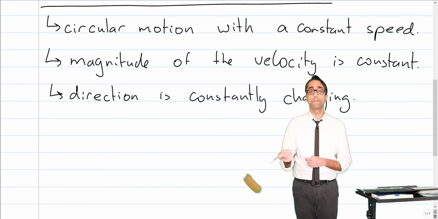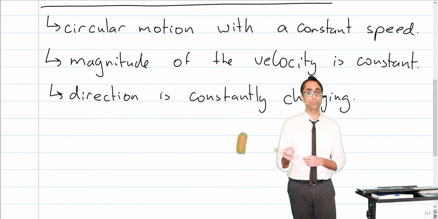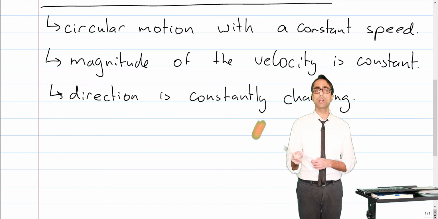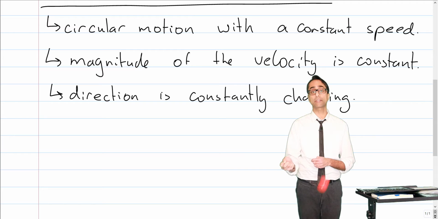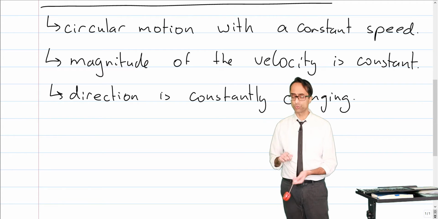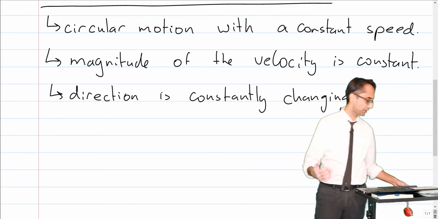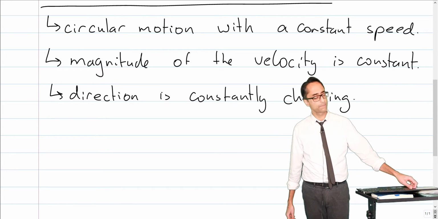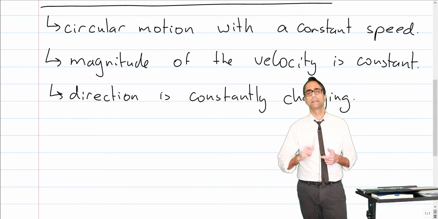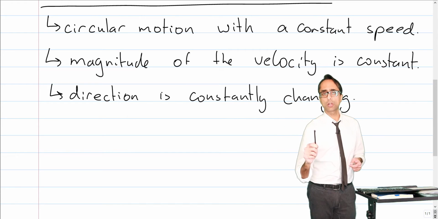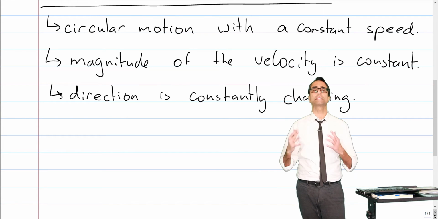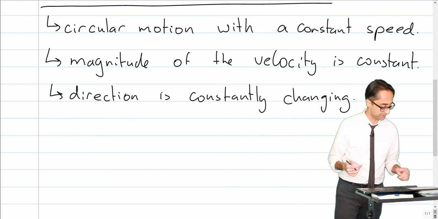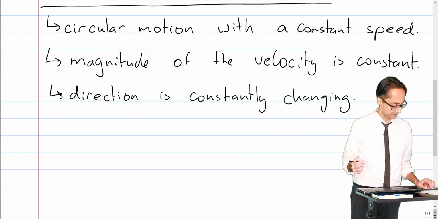And so the velocity in this motion, even though the speed is the same, the magnitude is constant, what is not constant is the direction. And so, if the direction is constantly changing, does that mean that I have an acceleration? Yes. Our velocity is not constant, and so we must have an acceleration associated with the change in velocity, and specifically the change in direction.